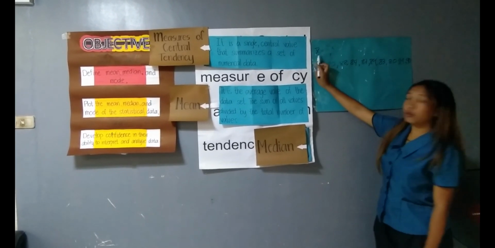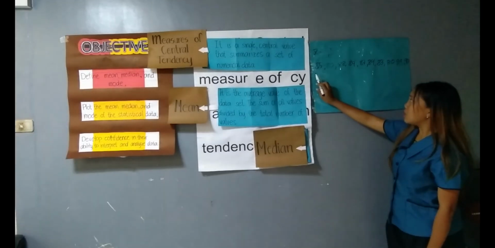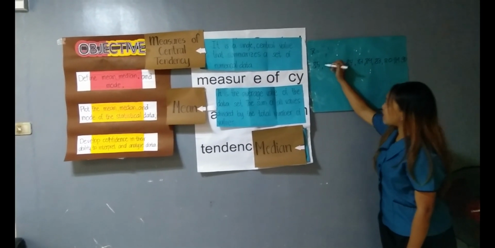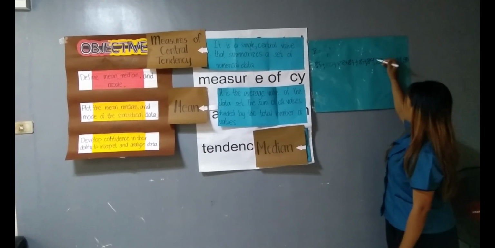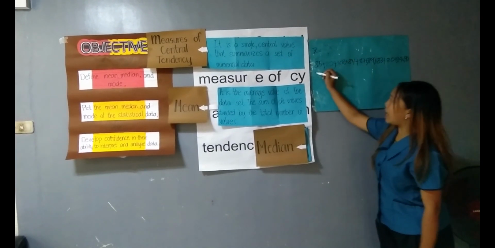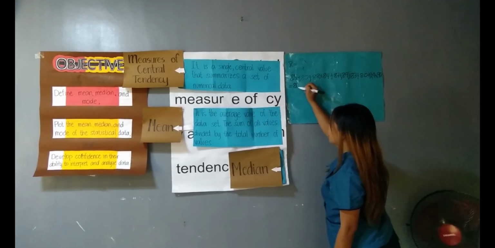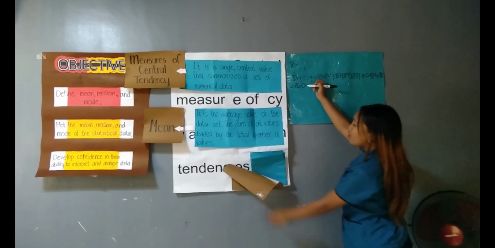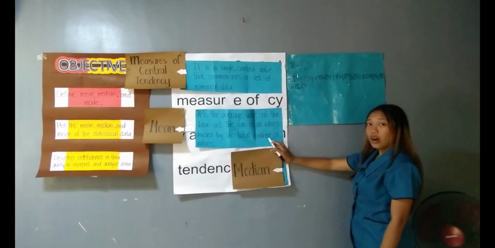So, our formula is x bar is equals to summation of x over n. So, for summation of x, let's add it all. So, the total number is 860. Now, we will divide it by the total number of values.